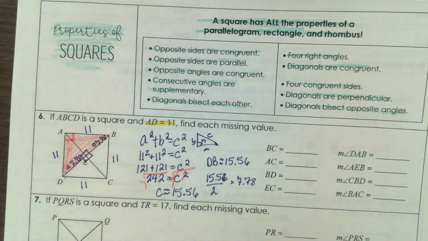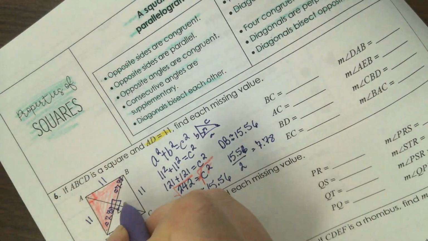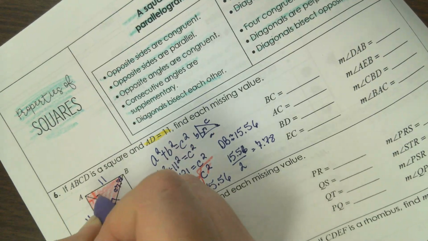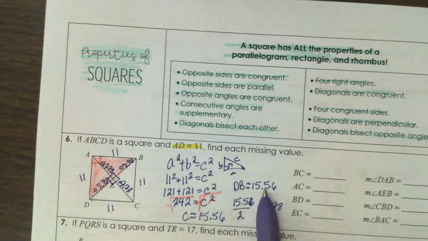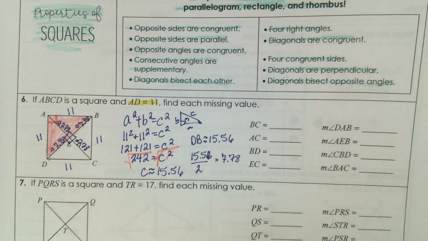I label everything that I possibly can. It also says that diagonals are congruent on a square, so this is also approximately 7.78. If I add those together, I would get my 15.56. Okay, whew. Everything is labeled.